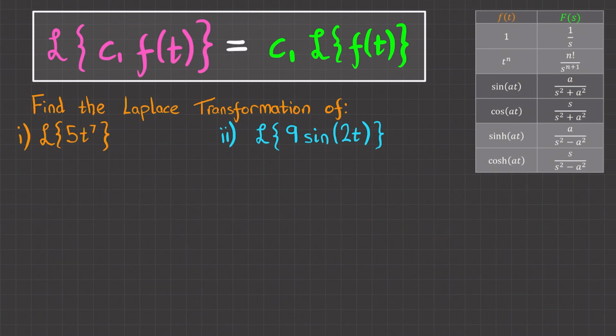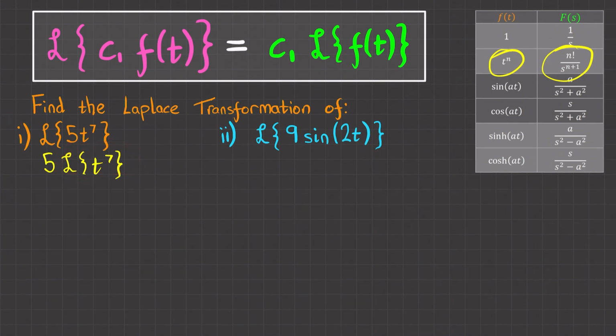If we have the Laplace transform of 5t to the 7, well, we can see in the table that we've got t to the n, which we're going to use. And this states that actually, because we've got t to the 7 here, we can pull this coefficient 5, that's being multiplied by t to the 7, out. So we'll have 5 lots of the Laplace transformation of t to the 7. We can use the Laplace transformation table for this part.